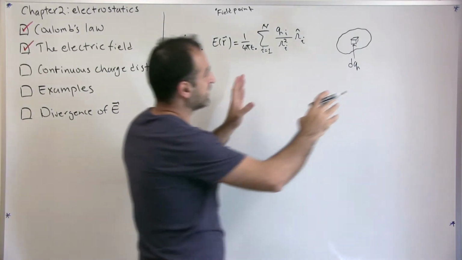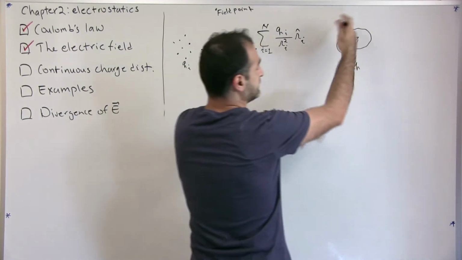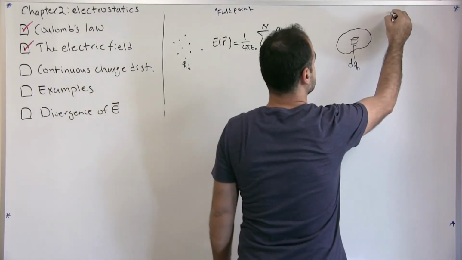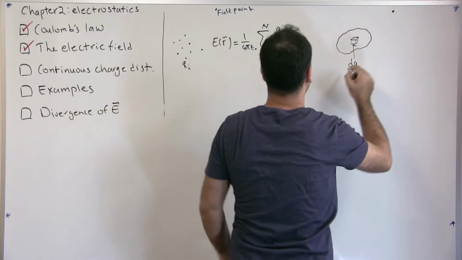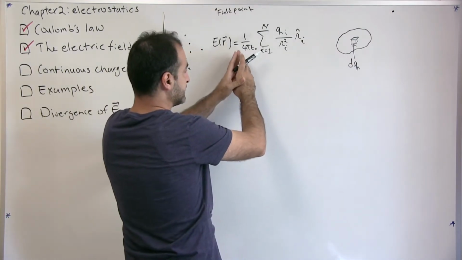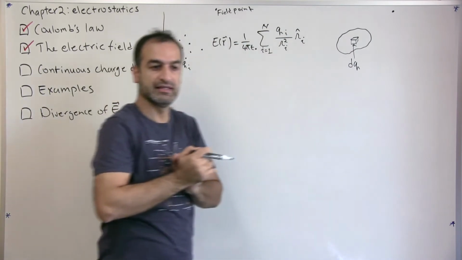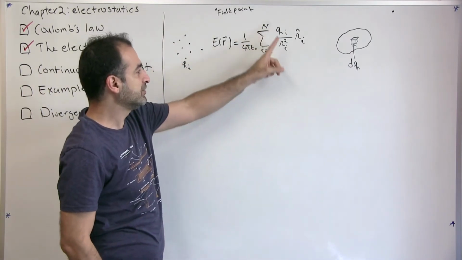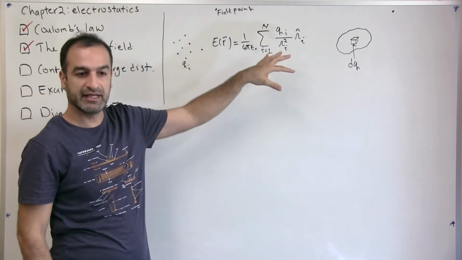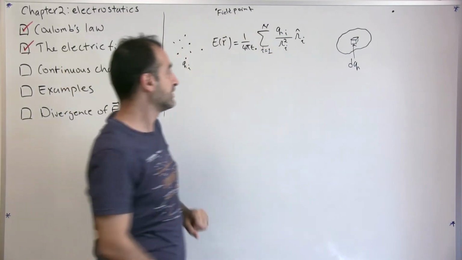If we move to the rather realistic case that we have a continuous charge distribution and if our field point is here, we can transform this summation to an integral, okay? And instead of adding the Qi over R square, we can integrate this in a continuous way, okay?